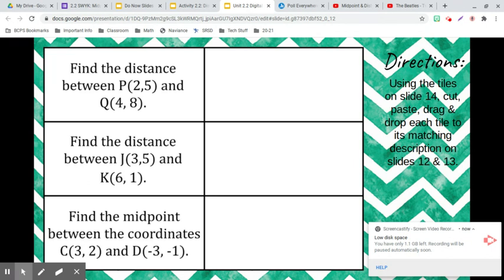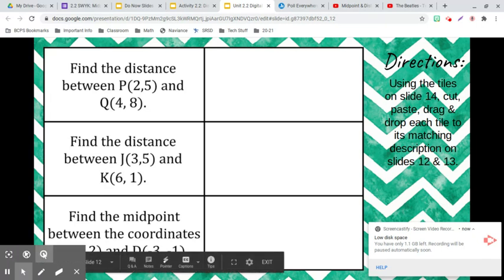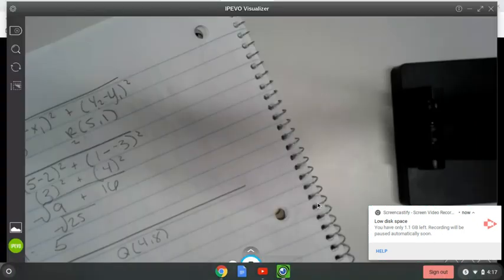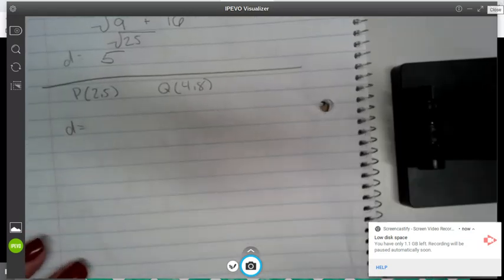Point P is at 2, 5, and Q is at 4, 8. And so we're just going to sub in. D equals, let me get my camera back. We're going to be down here.